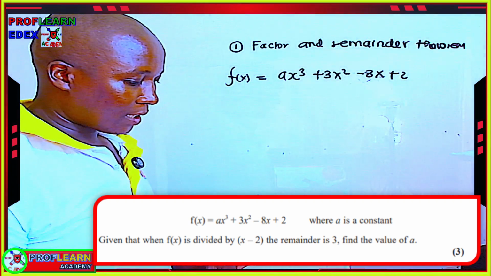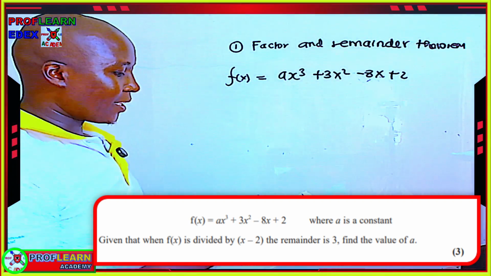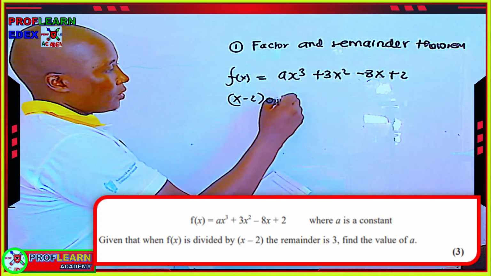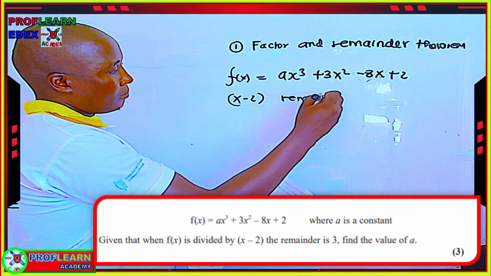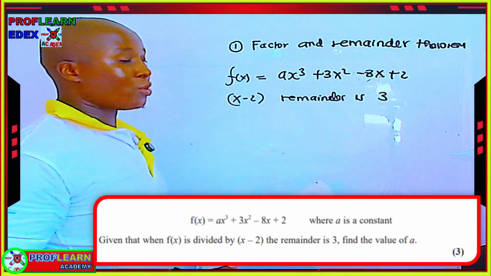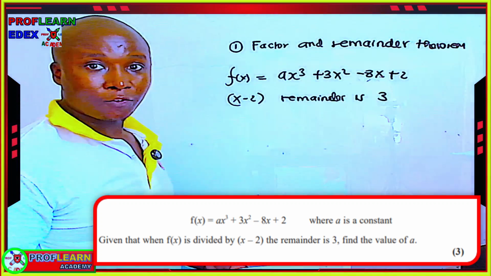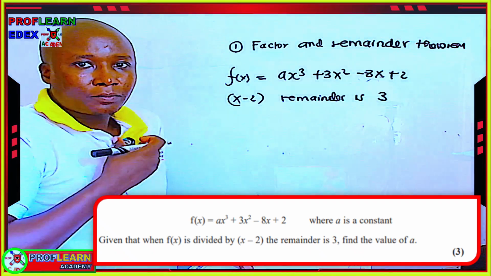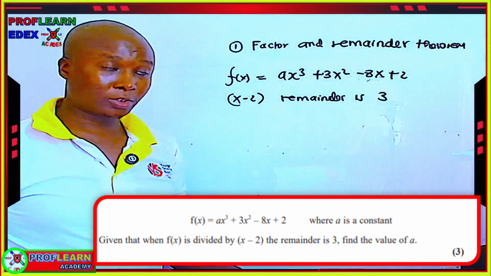And given that when f of x is divided by x minus 2, the remainder is 3, you are supposed to find the value of a. How are you supposed to work out a question like this?